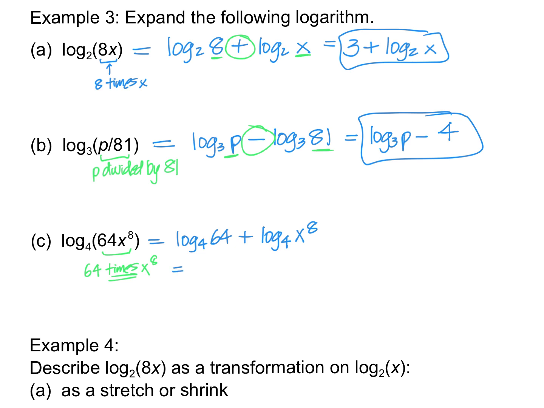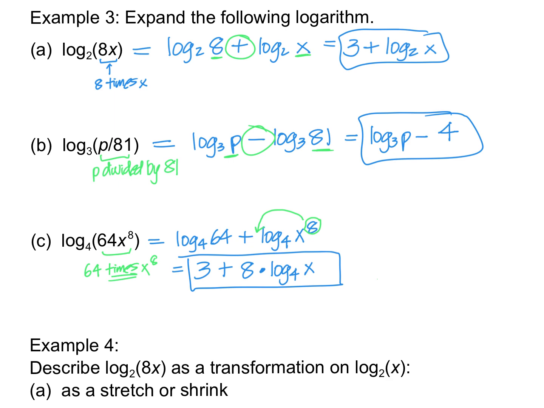Now log base 4 of 64 is just 3, because 3 is the exponent you put on 4 to make 64. But notice that we have an exponent on the argument. And the power property allows you to move that exponent on the argument to the front. So you have 8 times log base 4 of x. And so this is the expanded version of this logarithm.